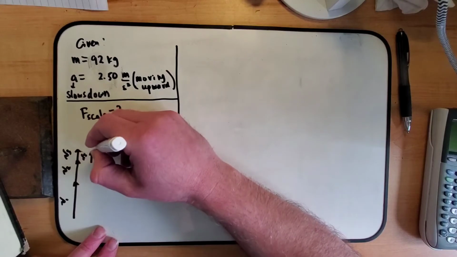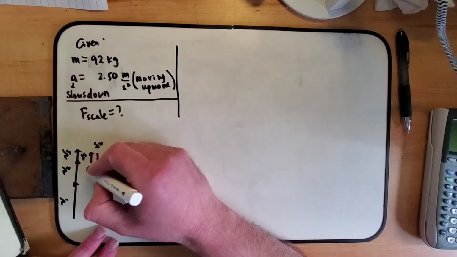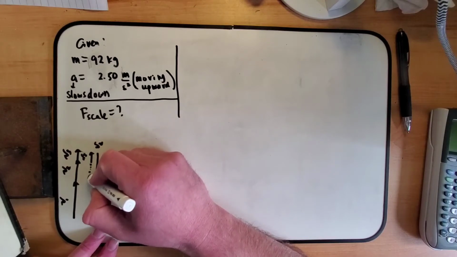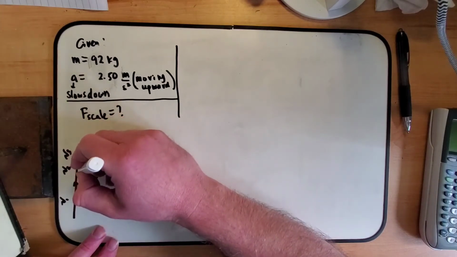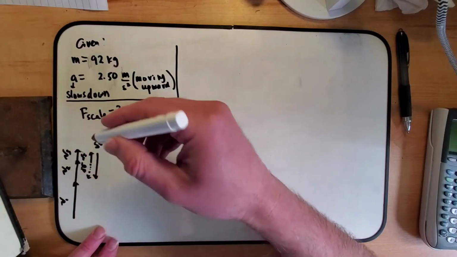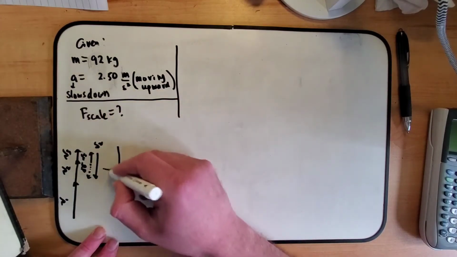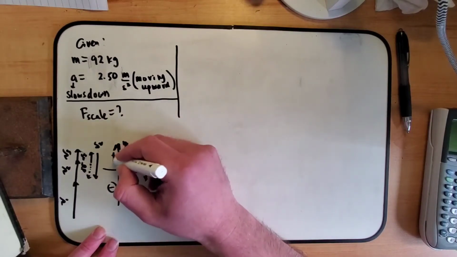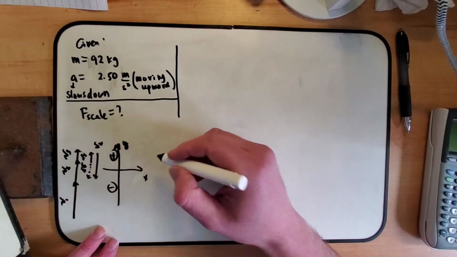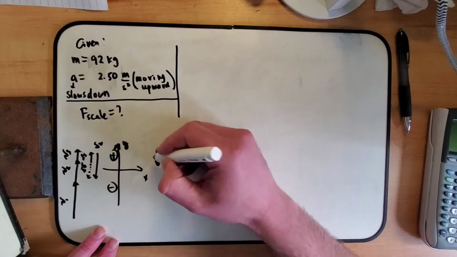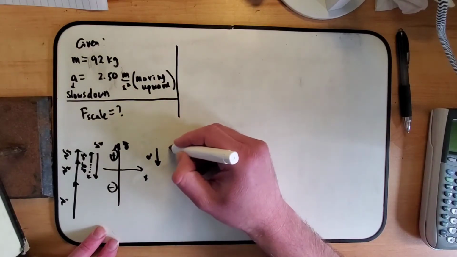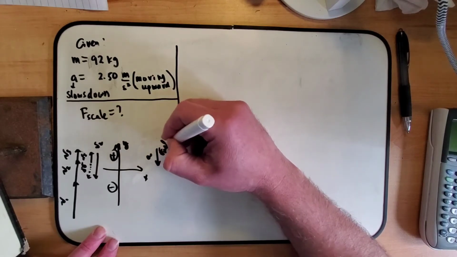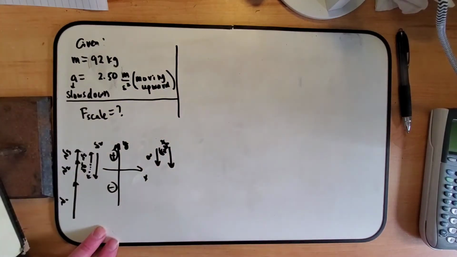This is now V2, and remember, guys, the resultant will always be from the tail of the first vector to the head of the second. And so I know now my delta V will be pointing downwards, which in an X and Y coordinate system will be negative Y. This is positive. And so I know my acceleration now is downwards, and I know my force, which is associated with the force net, will also be pointing downwards.